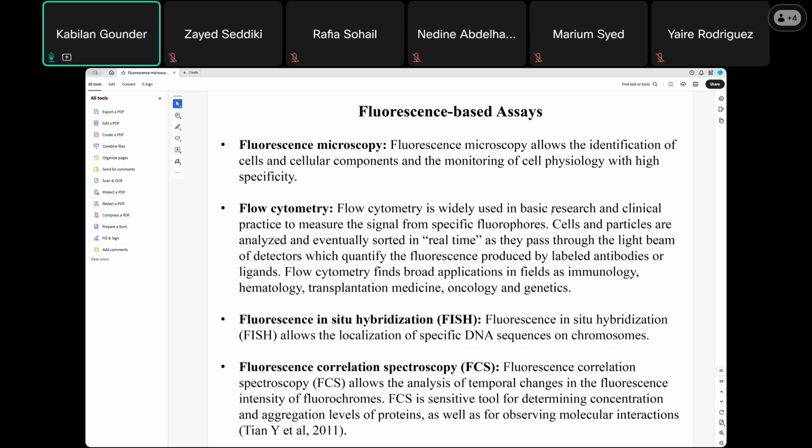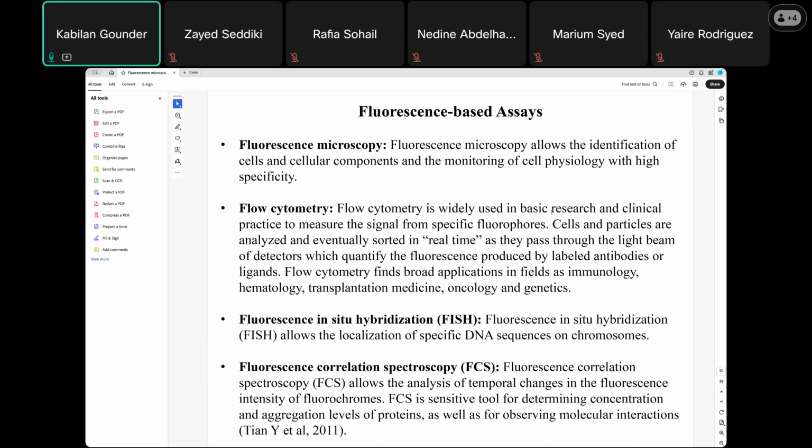Fluorescence microscopy is very important to understand further: it allows identification of cells and cellular components and monitoring of cell physiology with high specificity. Like flow cytometry. Flow cytometry is widely used in basic research and clinical practice to measure the signal from specific fluorophores.